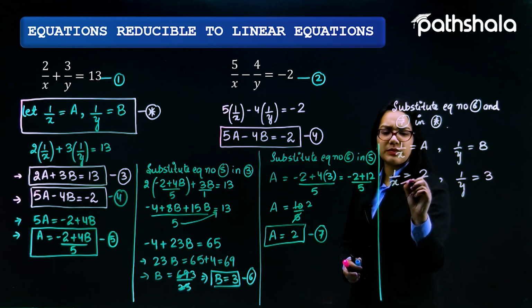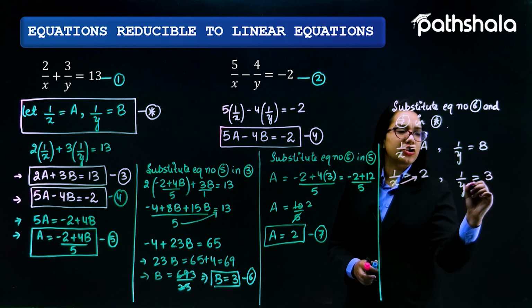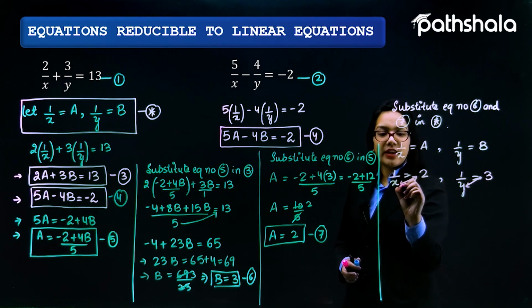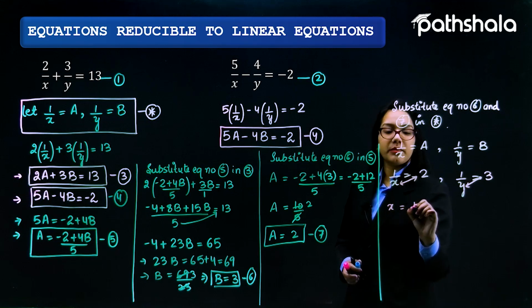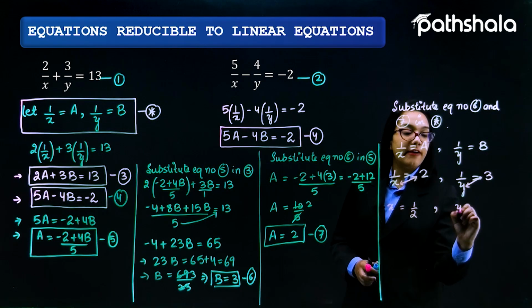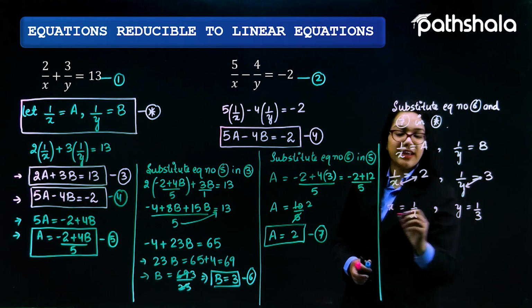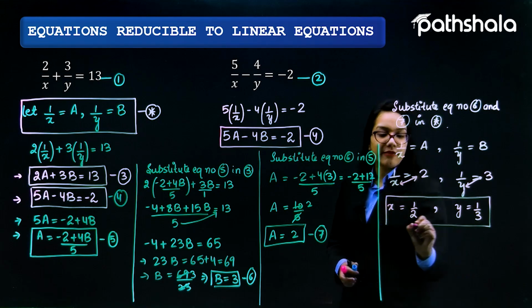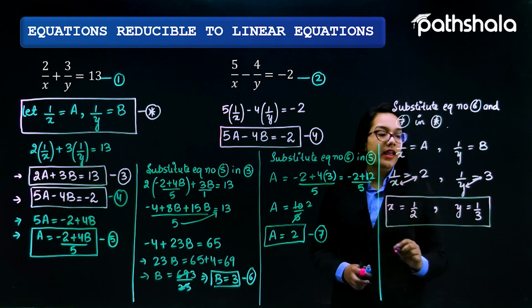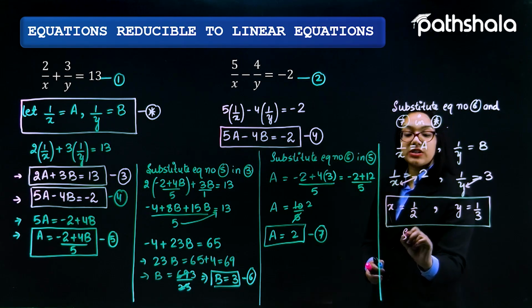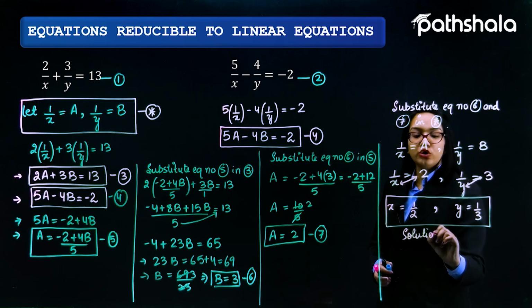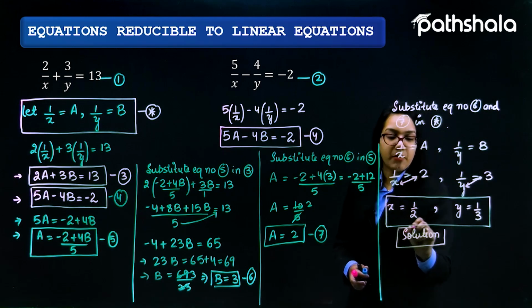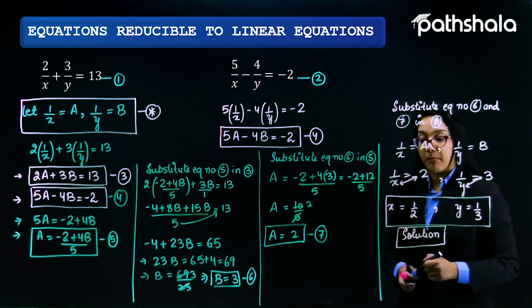So we exchange the positions of these values, or take the reciprocal of these terms, and we get x as half and y as 1 by 3, which is actually the solution for equation number 1 and equation number 2.